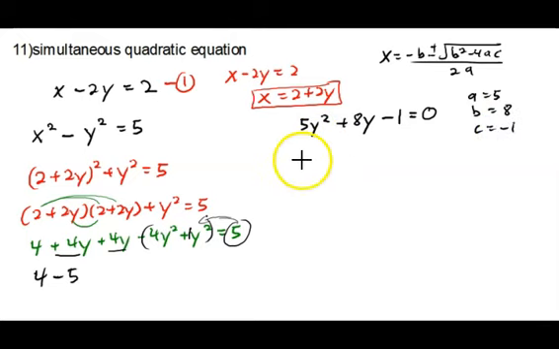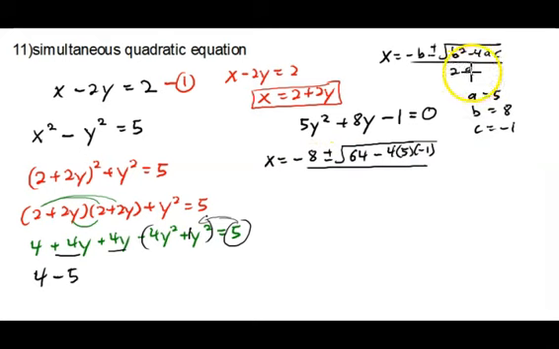So here we have x equals negative 8 plus or minus the square root of 8 squared, so we got 64, minus 4 times a which is 5, times c which is negative 1, divided by 2a. 2a stands for 2 times 5, you got 10.